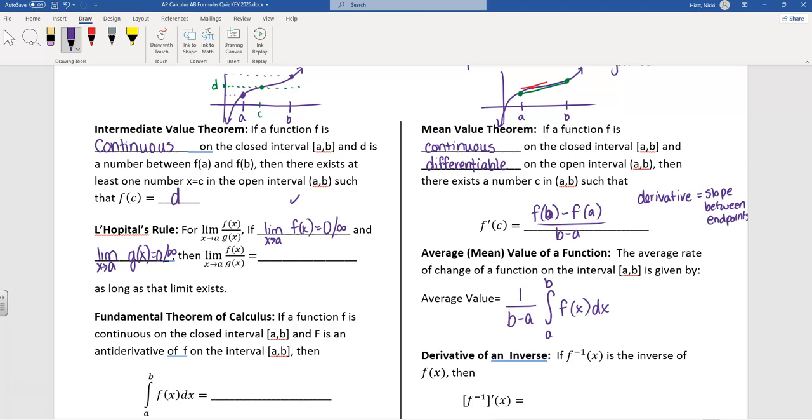Okay, so with L'Hopital's rule, we have to show that the limit of the top and the limit of the bottom are both 0. We want to state them separately. We don't want to use equals 0 over 0 because it's mathematically incorrect and we might lose a point. But if that is true, then we can just do the limit as x approaches a of f prime of x over g prime of x.